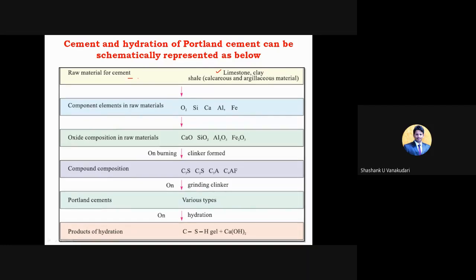The chemical components in the raw materials are Si, calcium, Al, and Fe, along with their oxides: CaO, SiO2, Al2O3, and Fe2O3.